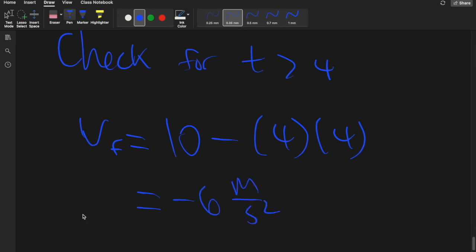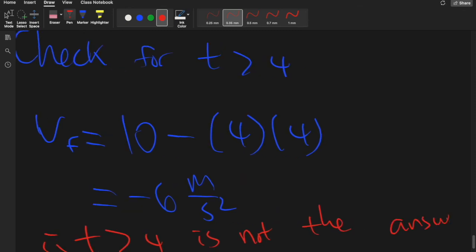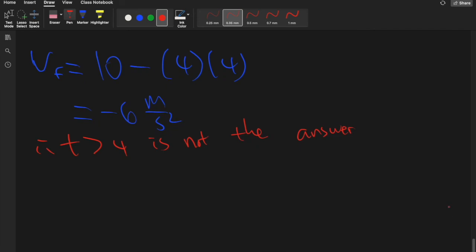So which means that is not the answer, right? Because the velocity becomes a negative quantity, so it must not be the answer for our problem. Then how do we solve the problem?